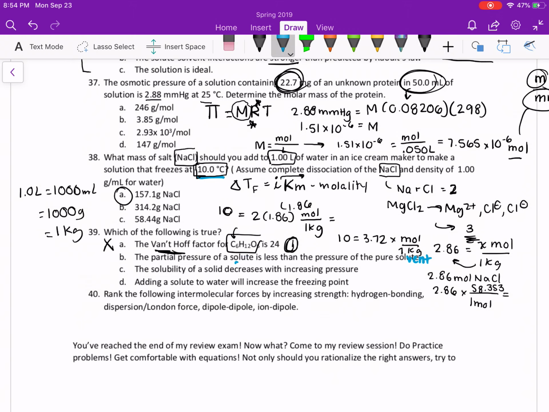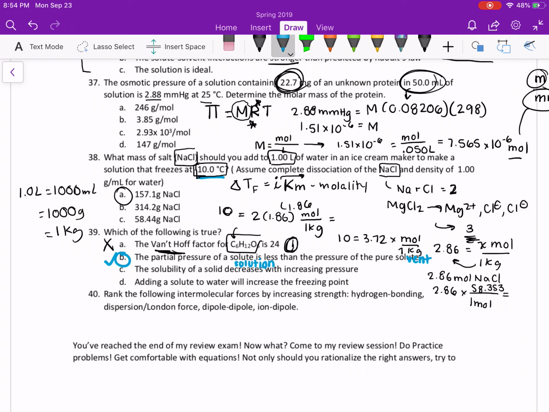This wording is off, but I know this is going to be true because when I create a solution, I add this solute to it, and I'm adding something that exerts an extra force. That's an additional force that's going to hold the solvent back from vaporizing. So in doing so, I'm decreasing my partial pressure. So that is true. But let's just check the other ones.